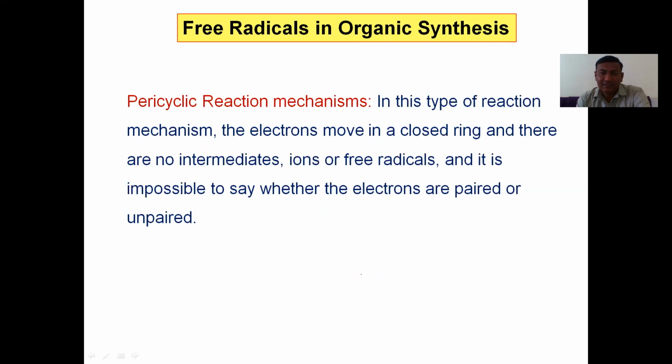Next, the application: the pericyclic reaction mechanism. In this type of reaction mechanism, the electrons move in a closed ring and there are no intermediates. Pericyclic means no nucleophile, no electrophile, no intermediates, no ions, no free radicals, and it is impossible to say whether the electrons are paired or unpaired.